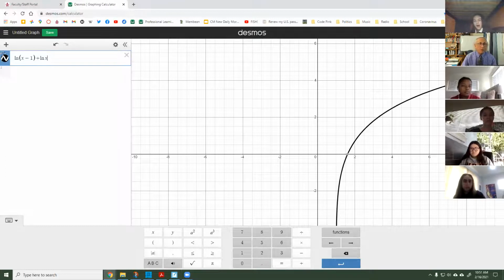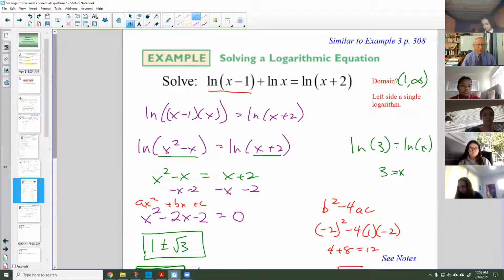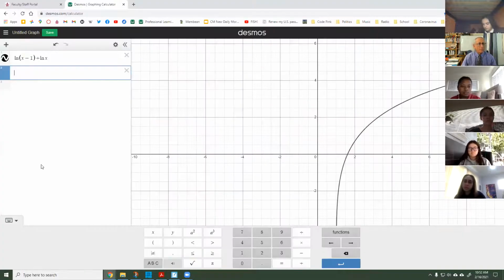That's one side of the equation. And the other side of the equation was ln of x plus 2.